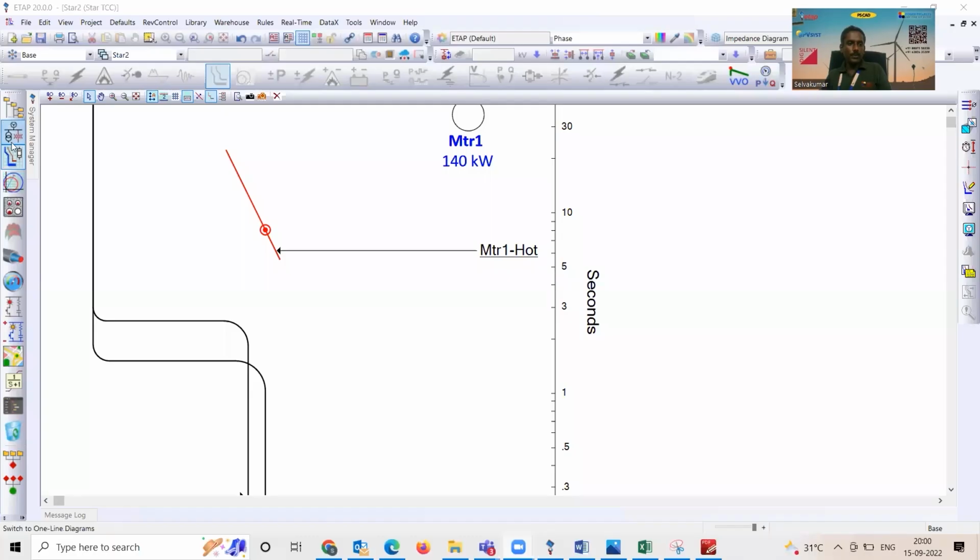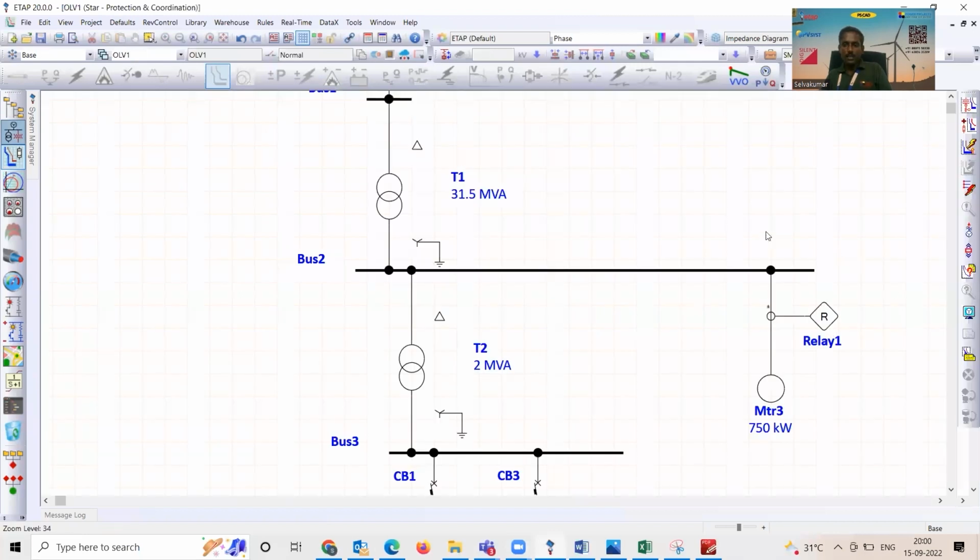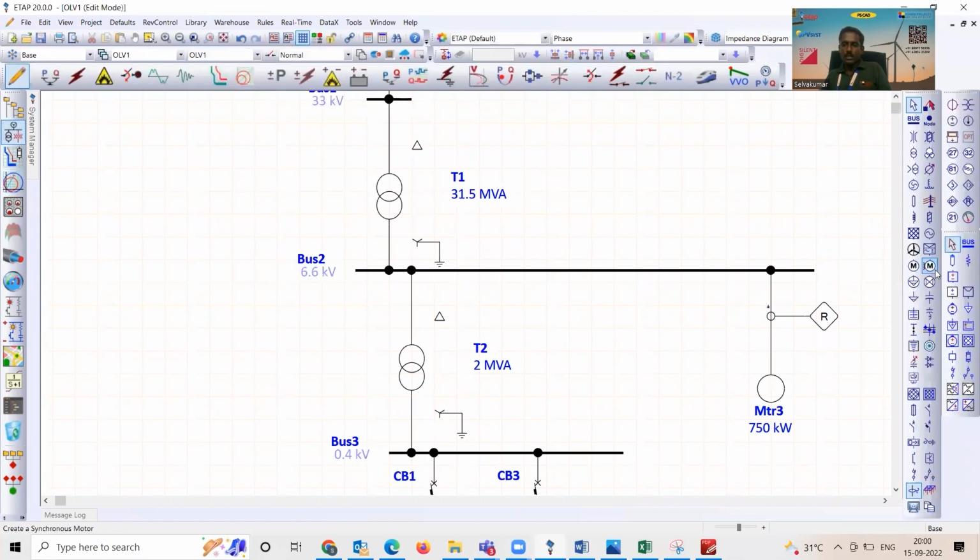You have multiple options in synchronous motors. Assume that I have a synchronous motor in our case instead of an induction machine.